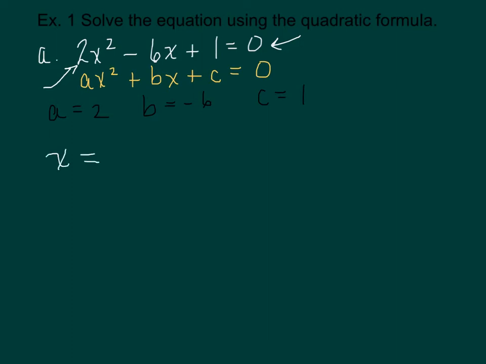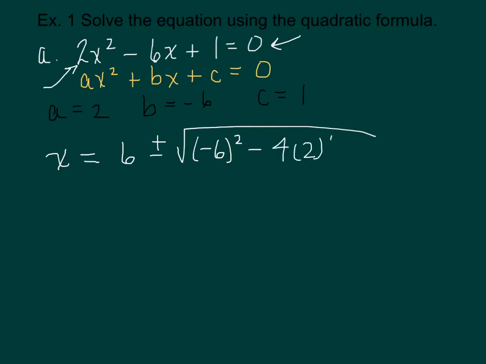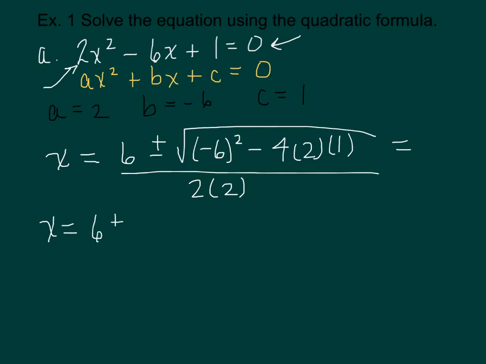X equals negative b, but b is already negative, plus or minus square root. Now watch this. When I do b squared, you need to put it in parentheses. Minus 4ac all over 2a. And from here, you just simplify. You're going to get 36 minus 8, which will give us 28.